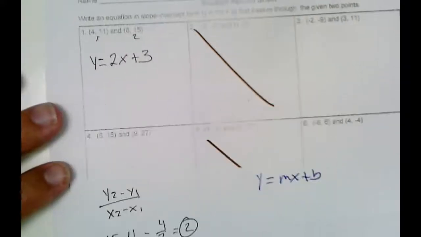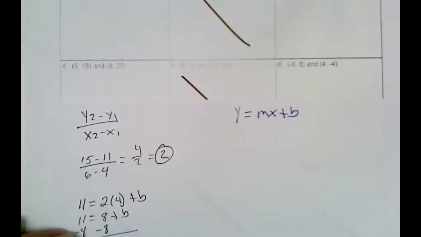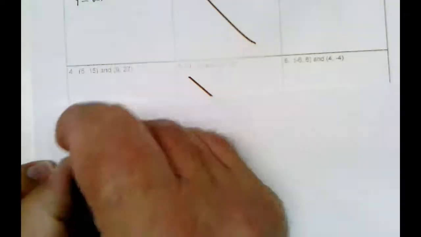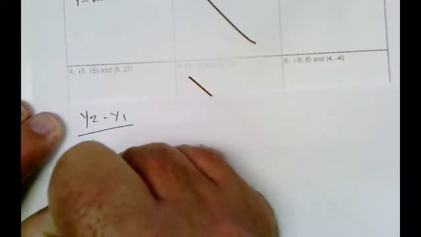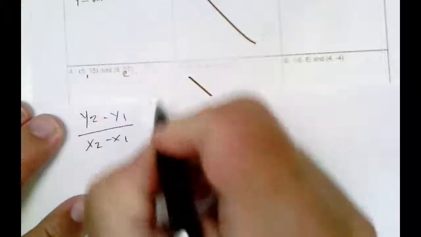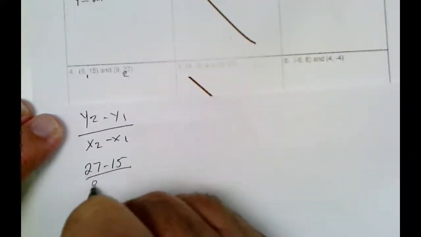Let's do one more example. Remember, the procedures don't change just because the numbers get bigger. So here I have the 2 points, 5, 15, and 9, 27. Nothing changes. y2 minus y1 over x2 minus x1: 27 minus 15 over 9 minus 5.